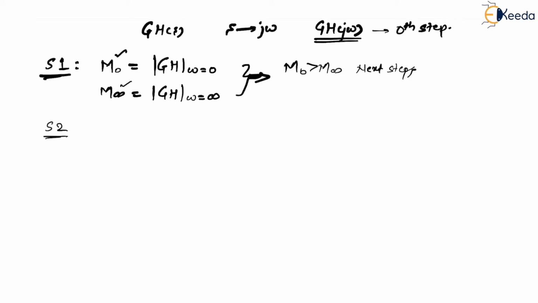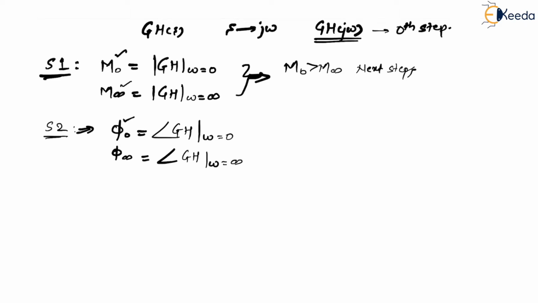Step 2 was nothing but to find the phase, that is phi 0 and phi infinity. So phi 0 is the angle of GH at omega equal to 0. Similarly, phi infinity is the angle of GH at omega equal to infinity.